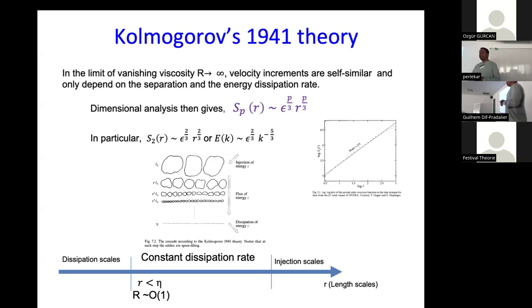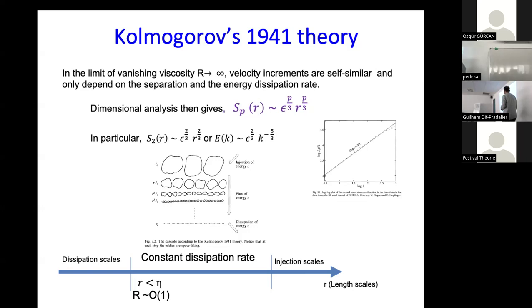In that limit, if you look at velocity increments, you take 2 points in your fluid separated by a distance r and look at the velocity increments across those 2 points, then any order p velocity increment would scale as the energy dissipation rate to the power p by 3 and the separation to the power p by 3. And this you can prove by a simple scaling analysis.